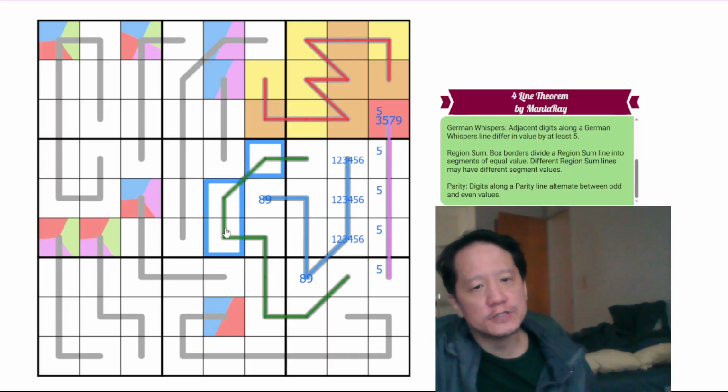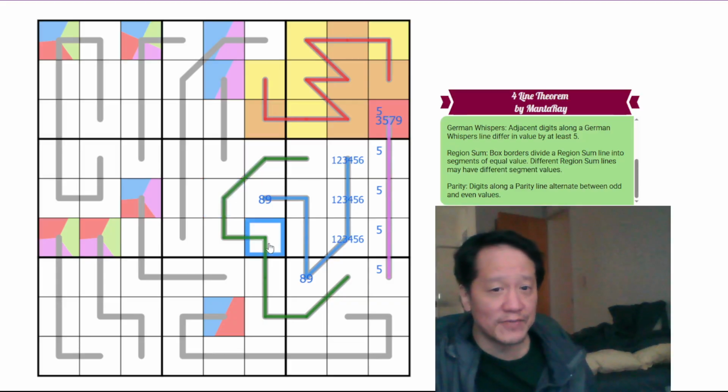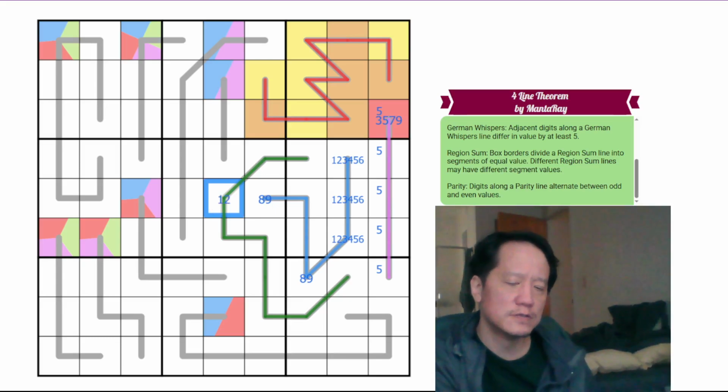So any digits here. This is not next to 2 unique digits. This is next to 2 unique digits. If it's low, it has to be next to 7 and 9 at the most. So it would have to be 1 or 2 if that were the case.